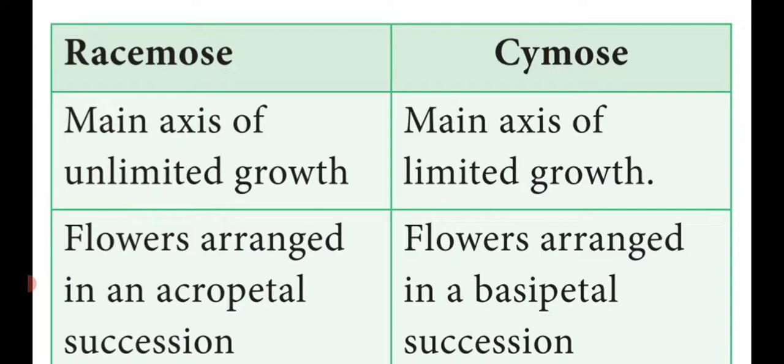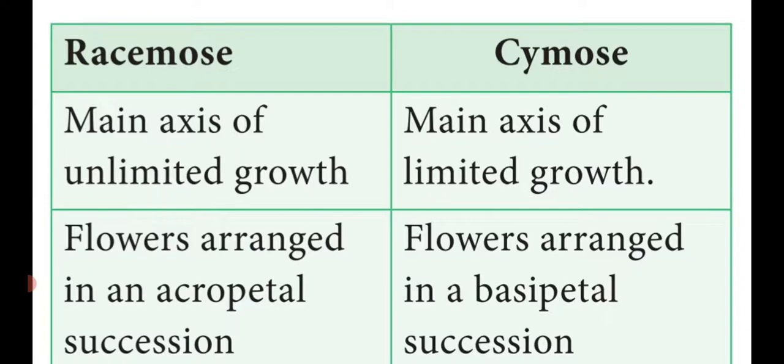One is indeterminate or racemose, determinate or cymose, mixed inflorescence, that means it contains characteristic features of both cymose and racemose. Last one, special inflorescence, that means they do not possess any kind of pattern. These are all the 4 broad divisions of inflorescence.